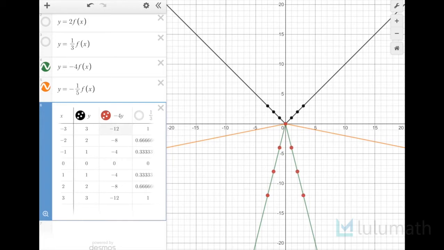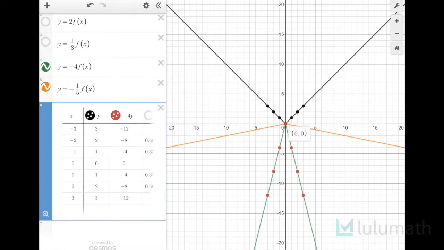So it not only is it taller because it's been stretched, but it is now negative, which takes it from above the x-axis to below the x-axis, which is why it is a reflection in the x-axis. All of my y values have become negative or have stayed at 0. This point stays at 0, but the remaining y values have all become negative, and they've also become taller. They're stretched. It's like a piece of gum that's being stretched down.